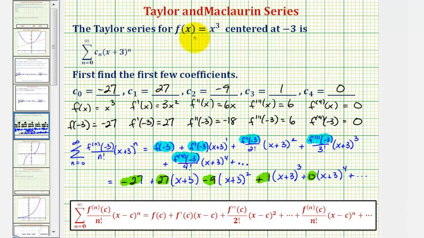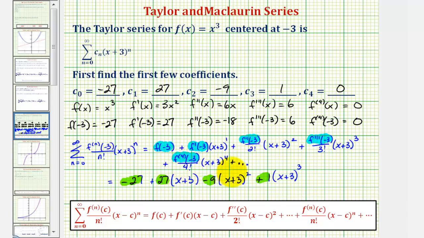So because the original function is just a basic polynomial function, when using a Taylor series to approximate this function, notice how the fourth derivative and higher would always be 0, and therefore in this case the Taylor series is not an infinite series. It actually ends after this product here, so we can go ahead and just erase this part of the series.